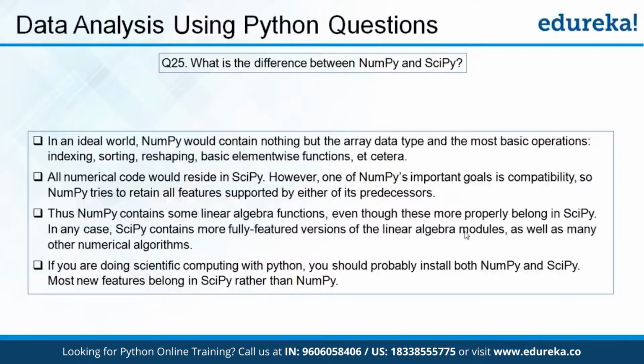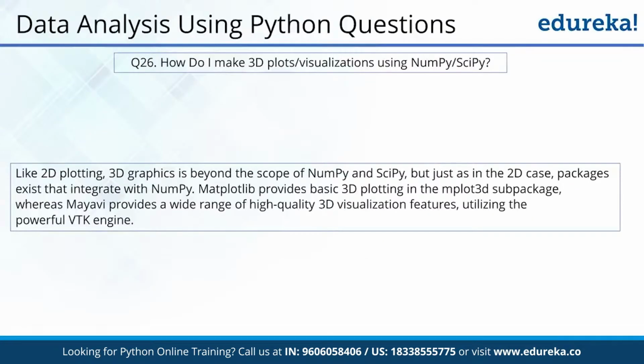How do I make 3D plots or visualizations using NumPy or SciPy? Like 2D plotting, you have 3D plots, but you've got a basic 3D plot called the mplot3d subpackage, which is part of your matplotlib package. There is another package called MayaVi, which provides high quality 3D visualization features.